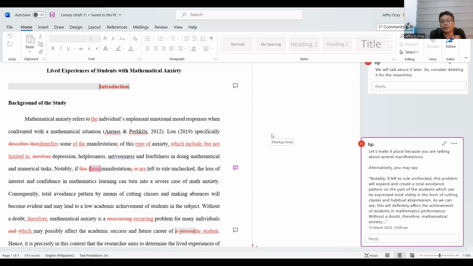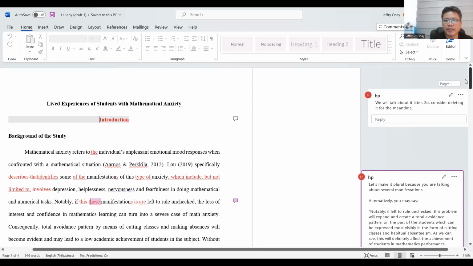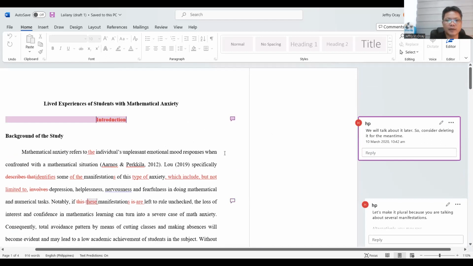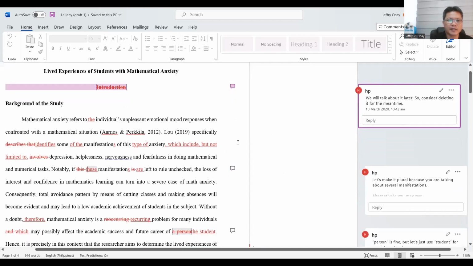Now, once we had identified the research gap, I asked her to write the background of the study, and this is her first draft. And so, as you can see, normally for the first draft, I always have comments. Like in the introductory part, I said we will talk about it later, so consider deleting it for the meantime.